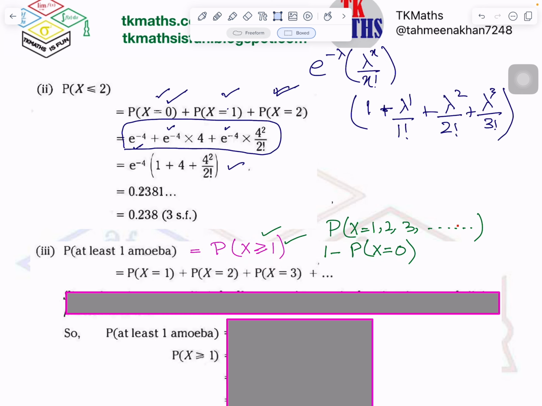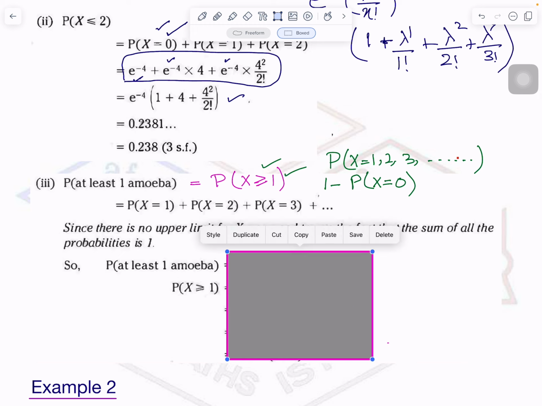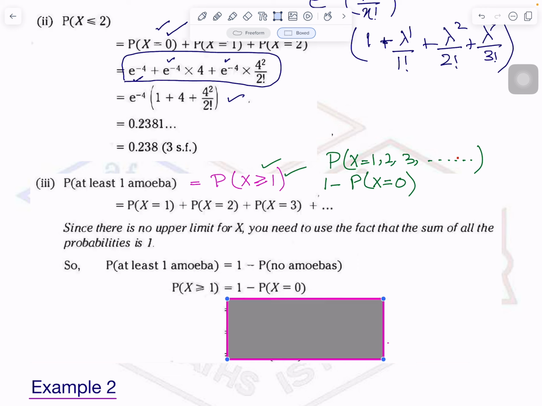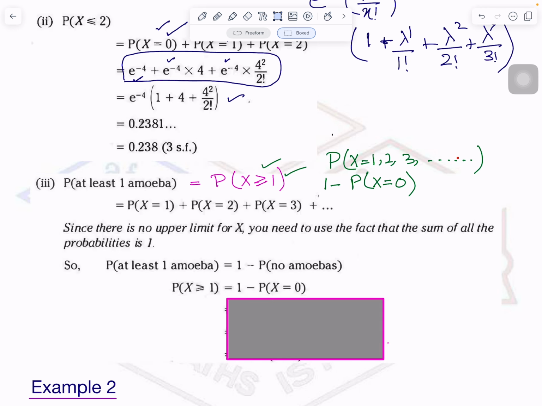Let's see here. This is what I was explaining to you. And exactly because there is no upper limit, that's why we will subtract the probability from 1. See here, no amoebas means x equals 0, which I explained to you here. And then I will apply the formula.